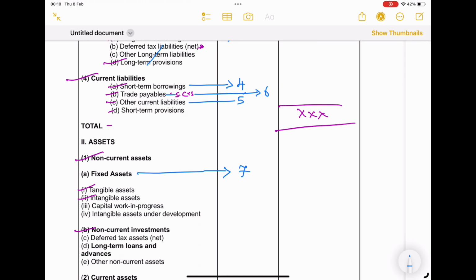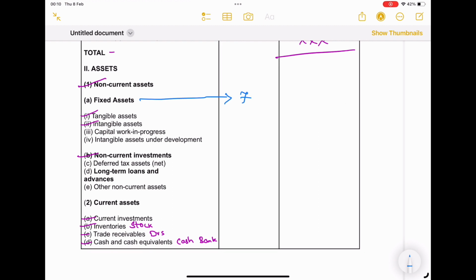Including both tangible and intangible, we are going to write it in fixed asset only. We are not going to mention them separately; we calculate it directly for fixed asset. We are going to mention the note number, and there is nothing to do with these things.